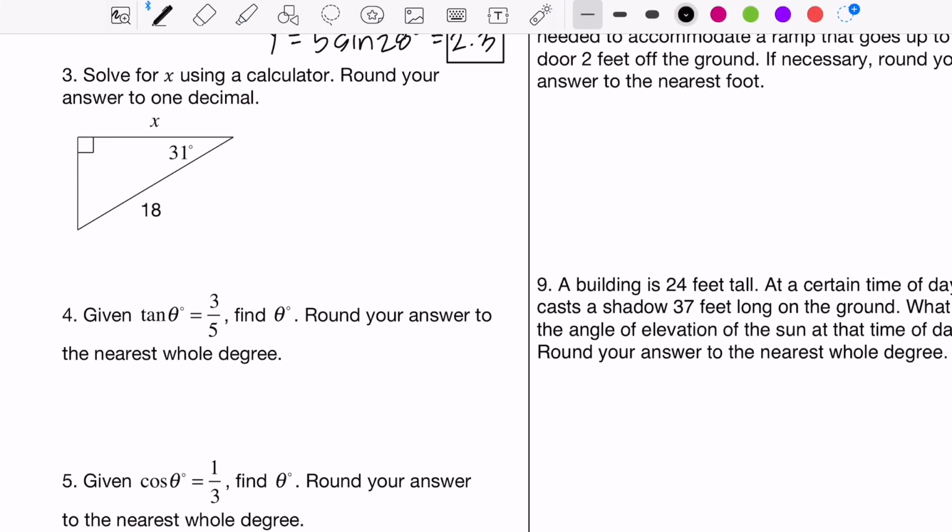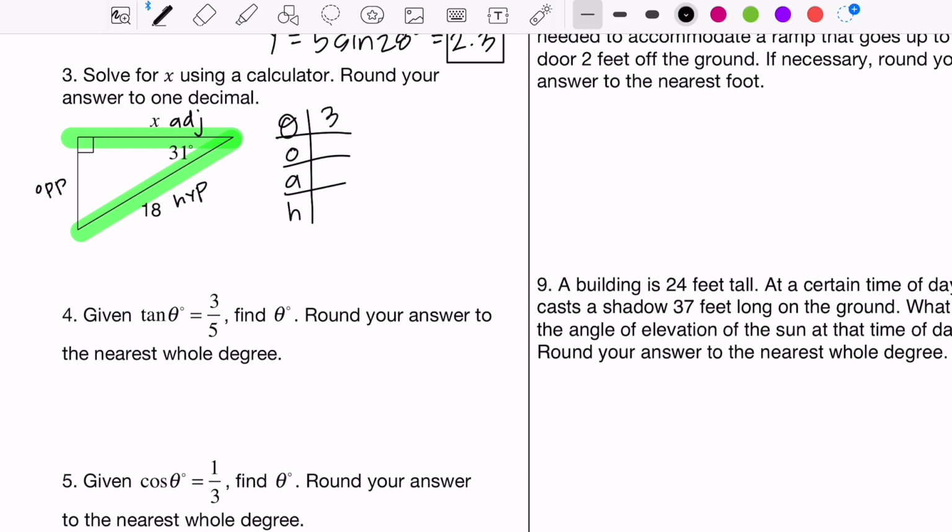Okay, for this guy, same thing over and over again. Highlight the reference angle. So in this case, it's this 31 degree one. This is hypotenuse, adjacent, and opposite. So this is 31, this is 18, and x is in the adjacent side.